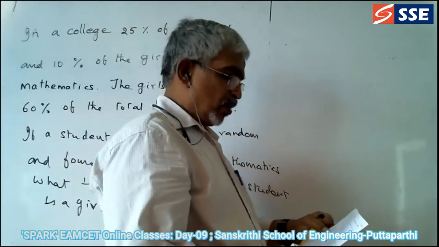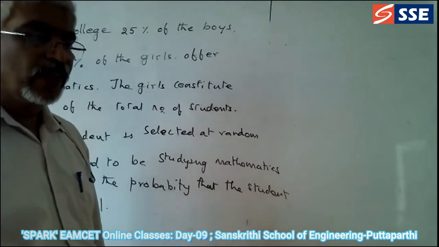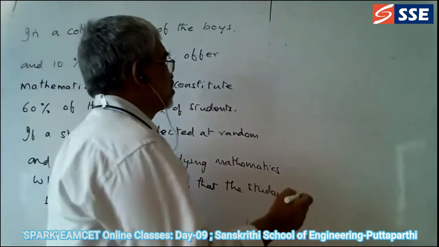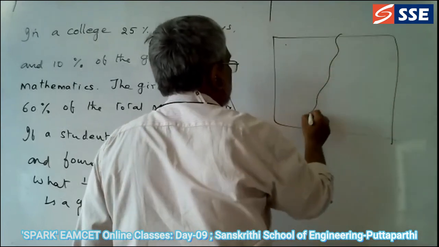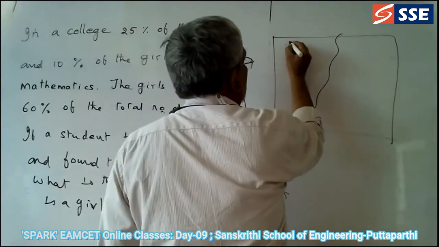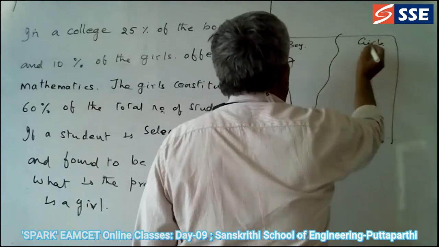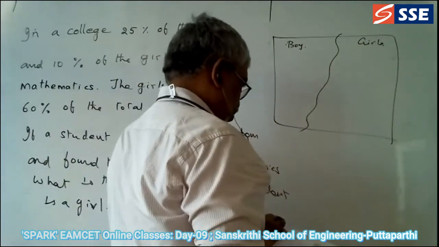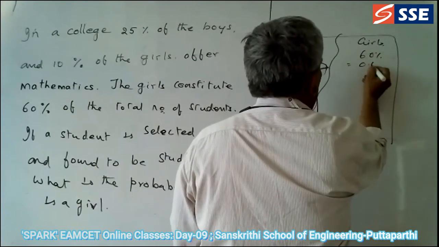So now we will have this. This is a very good application for Bayes theorem, what we discussed in the last class. So straight away put a bar like this. This is boy student. This is girl student. And out of this, total girls constitute 60% or equal to 0.6.